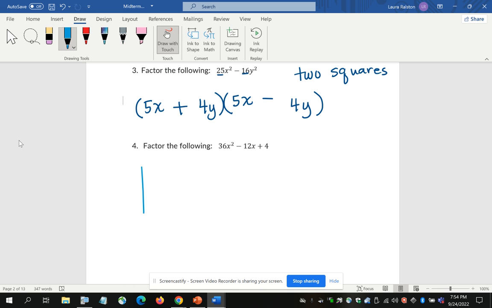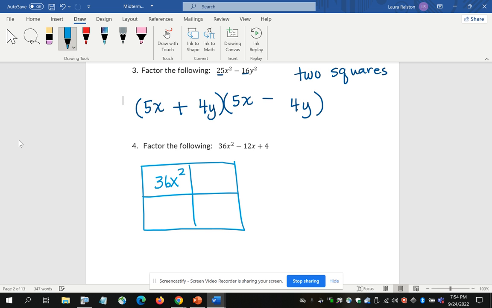So if we think about breaking this down, and again, there's various ways for factoring, I'm going to use the box method. Okay, so I'm going to put 36x squared in the upper left and the 4 in the bottom right.